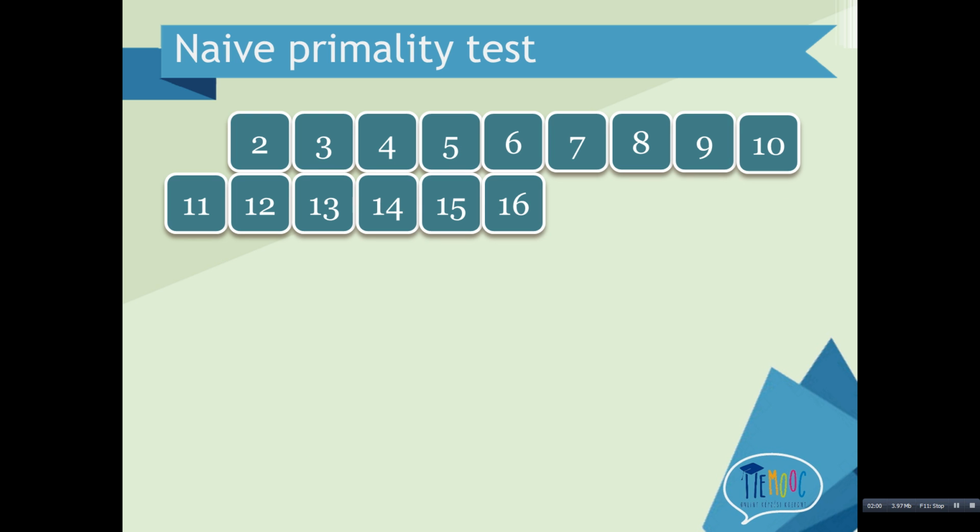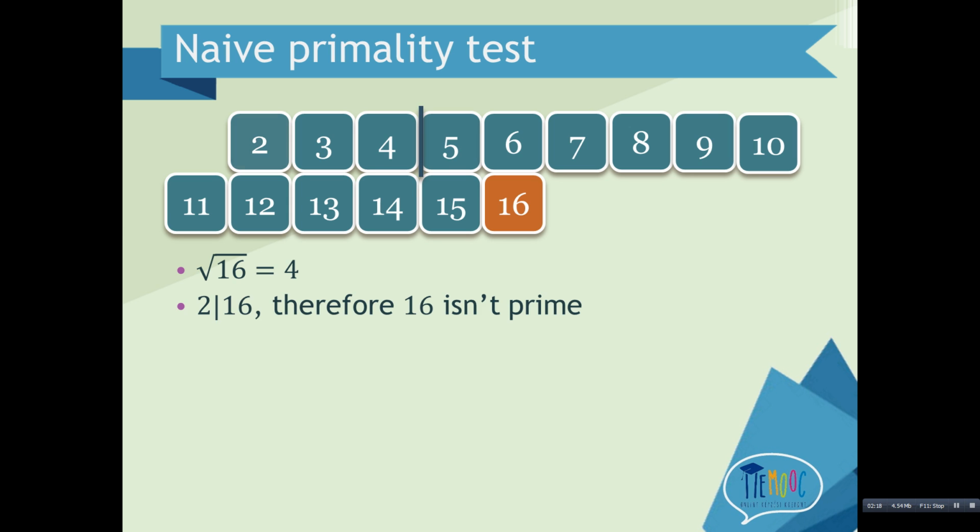Let's see how it works with an example. The number is 16. So we know that it is enough to check the numbers until 4. The first number, 2, divides 16, therefore 16 is not a prime.